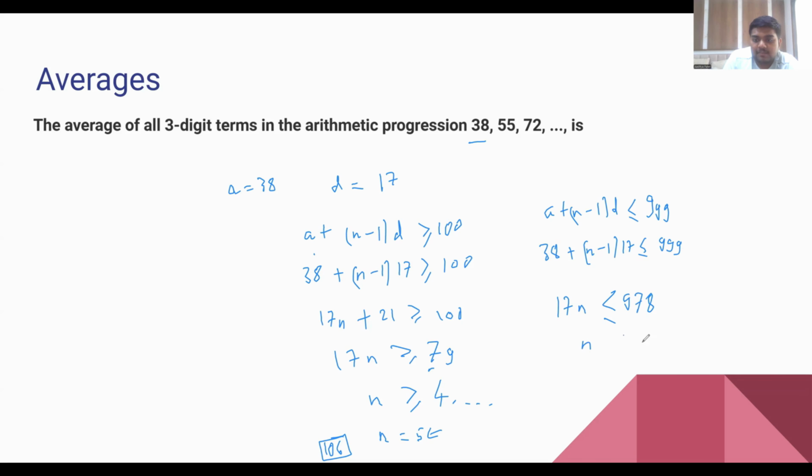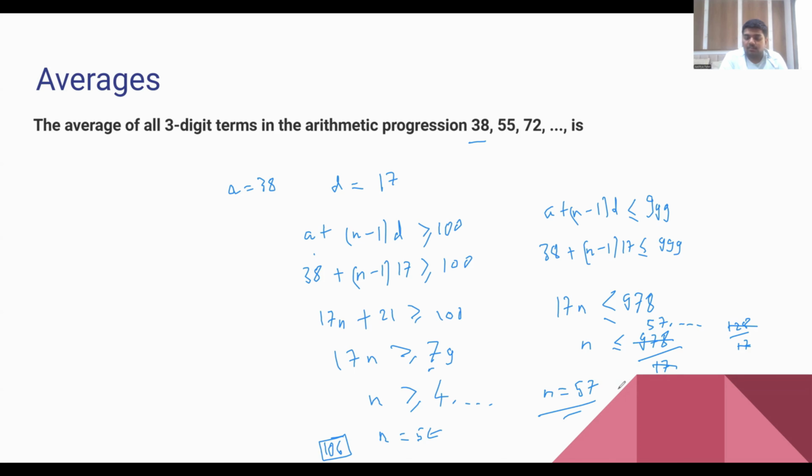So n is less than or equal to 978 divided by 17. Doing the division, 17 sevens are 119, and so on. So n is equal to 57.